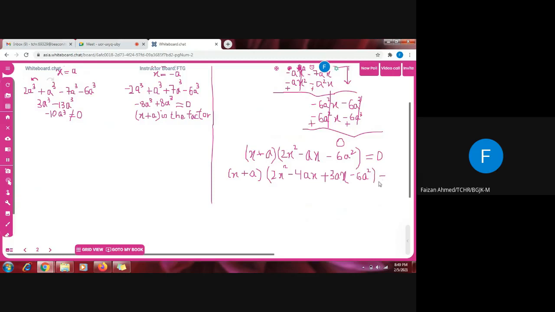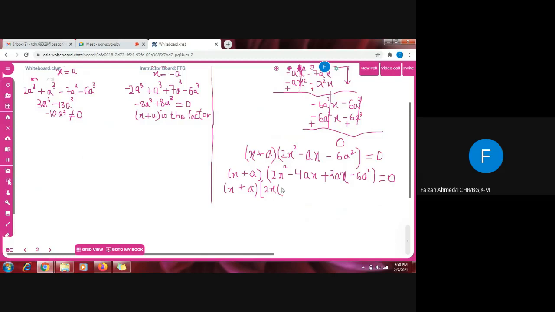And now I have broken down my middle term into two. I have to pair them up, first two, last two, and take something common. I will write the linear factor as it is, x plus a, and I can see that there is common 2x. So 2x can be taken out as common.